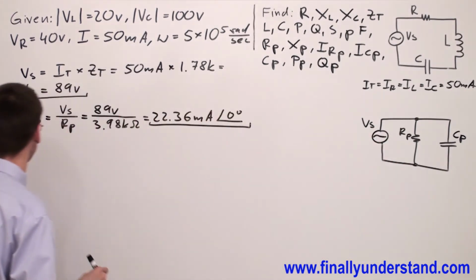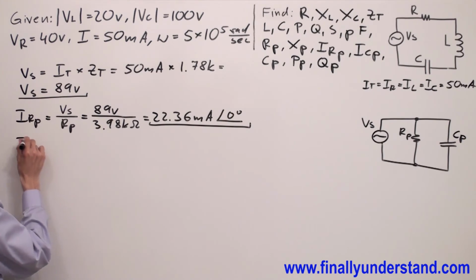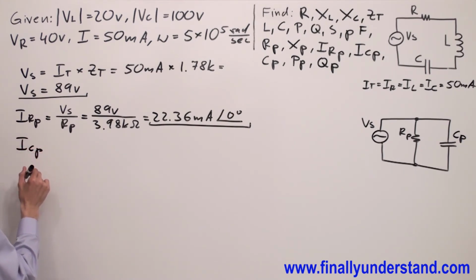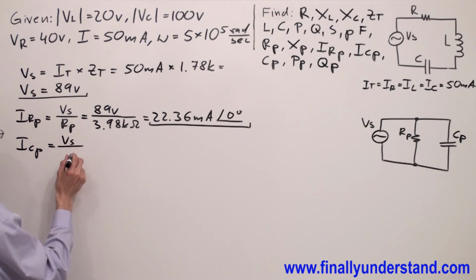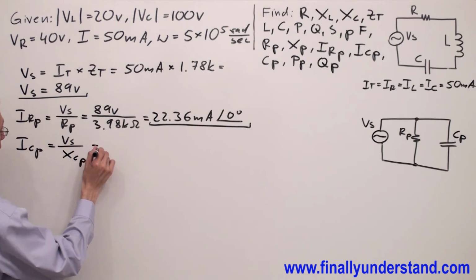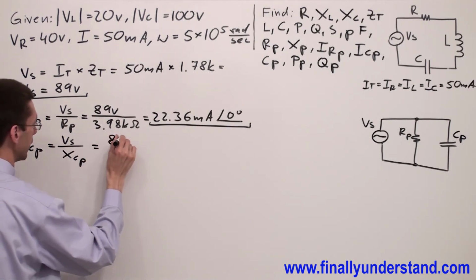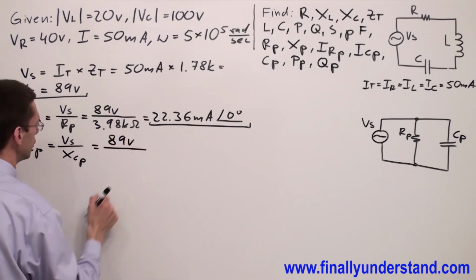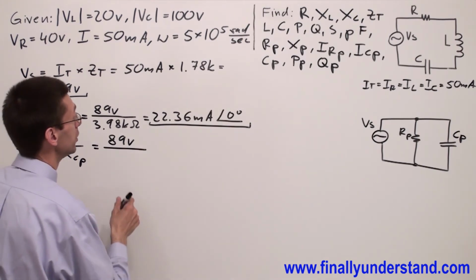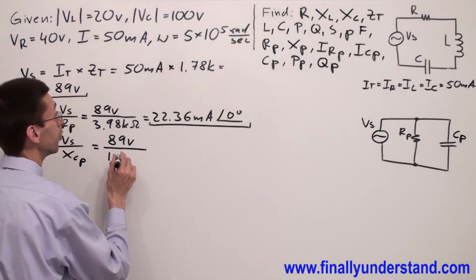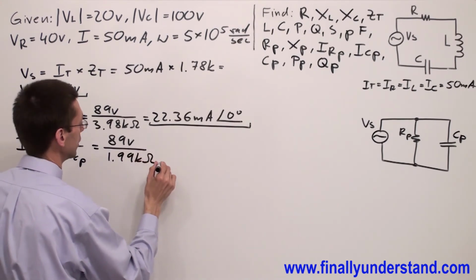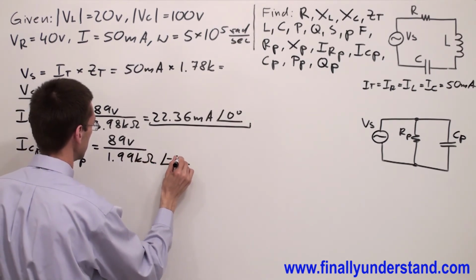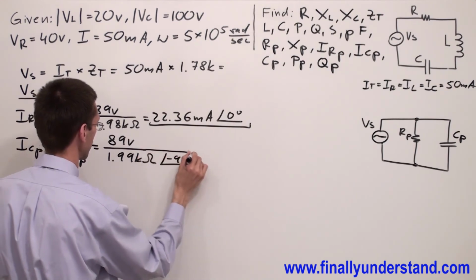Next I'm supposed to find the current ICP, which is equal to voltage source over XCP. This is equal to 89 volts over XCP, which is 1.99 kilo ohms and angle of negative 90 degrees.